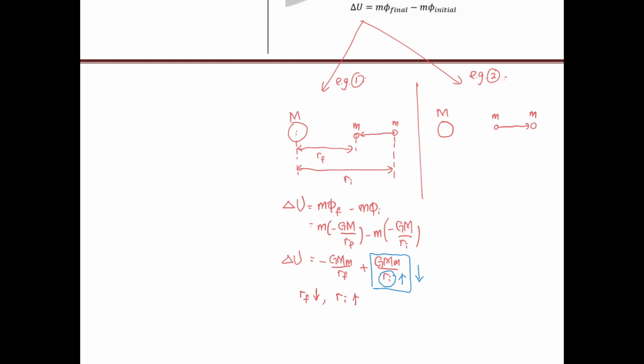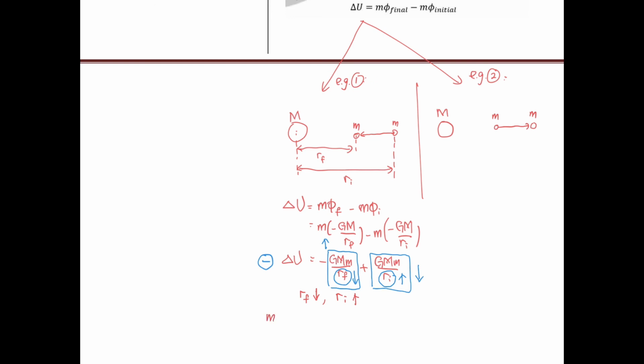If R final is small, then this whole fraction will be big. Okay, so what I am trying to say is a small positive value minus a big value, so you will get negative. You get negative.